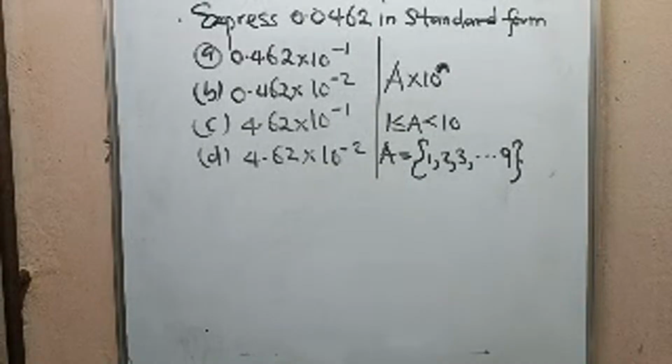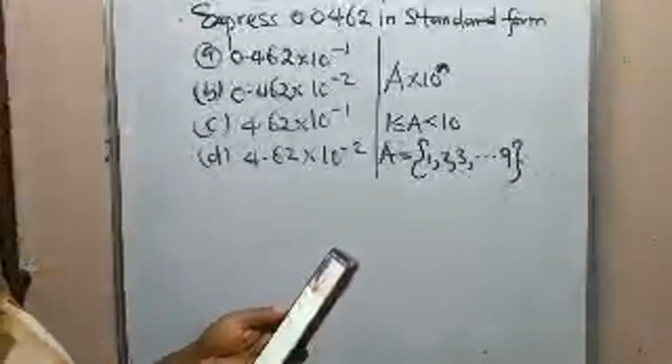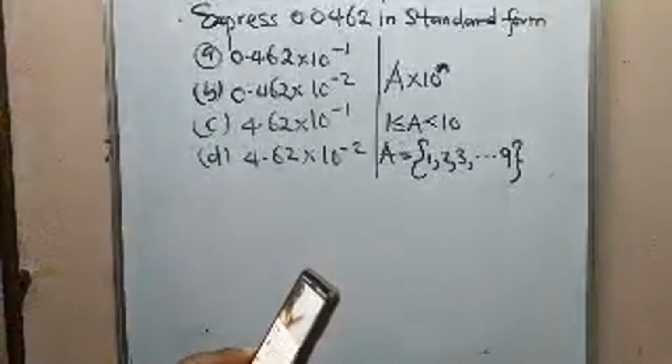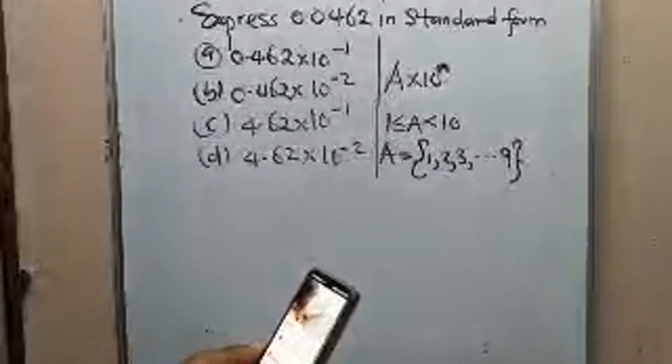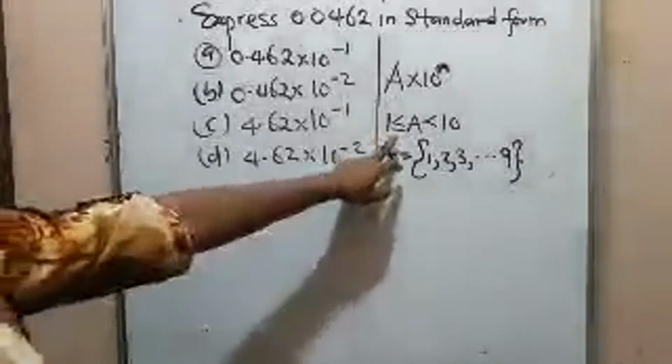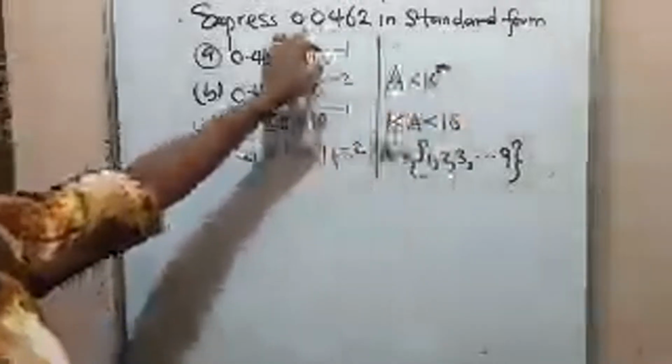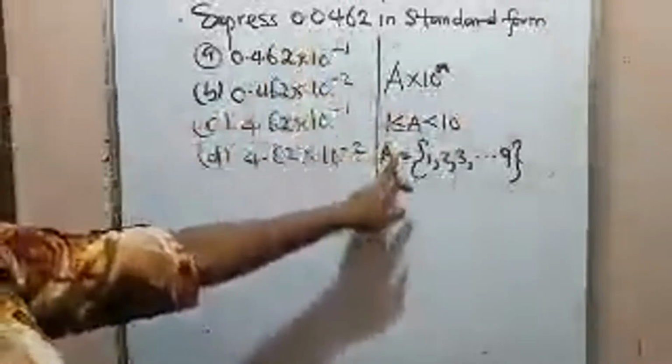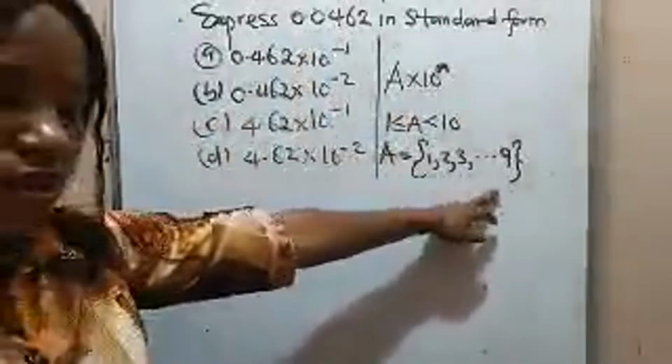Therefore, what we'll do next is look at this particular question and make sure that we express it in terms of A times 10 to the power of n, whereby our A must be a number from 1 to 9.